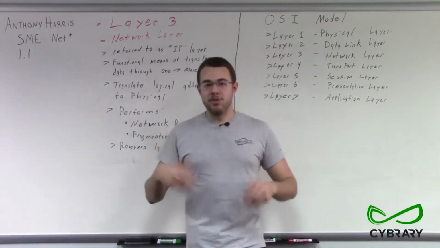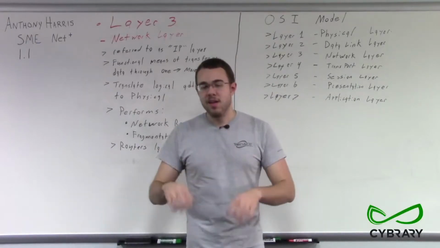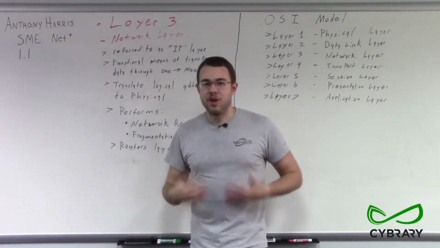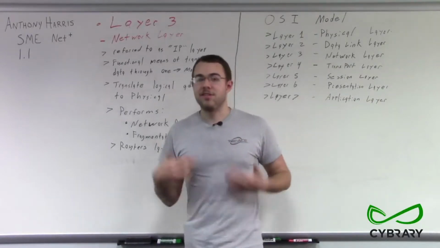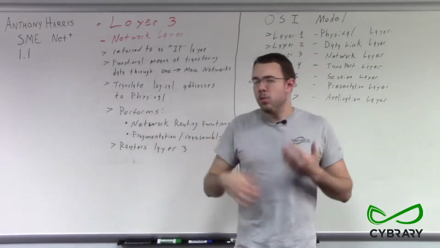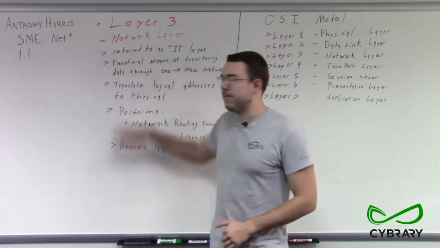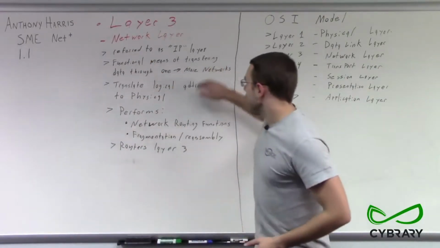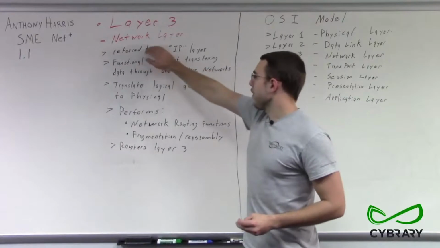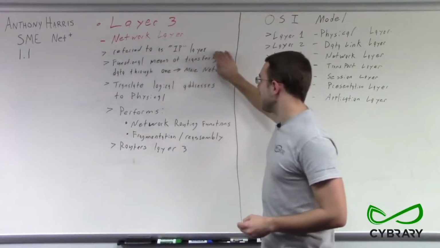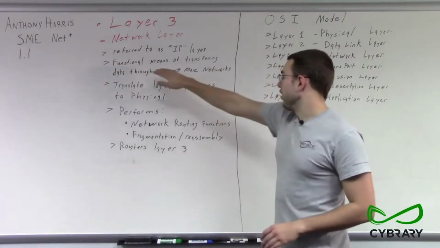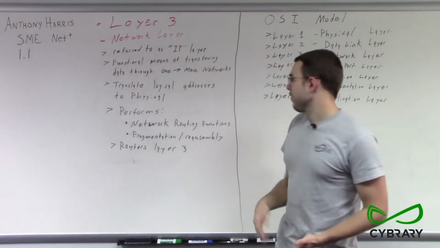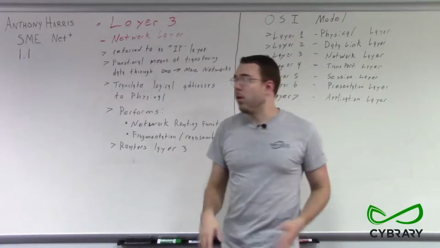We need to be able to take a computer's MAC address, assign a particular IP address to that MAC address, and then route data through MAC addresses over our networks. We'll do a diagram in a little bit, but let's go ahead and finish our points we have here. So we talked about referring to our network layer as an IP layer. We talked about our network layer being a functional means of transferring data through one or more networks.